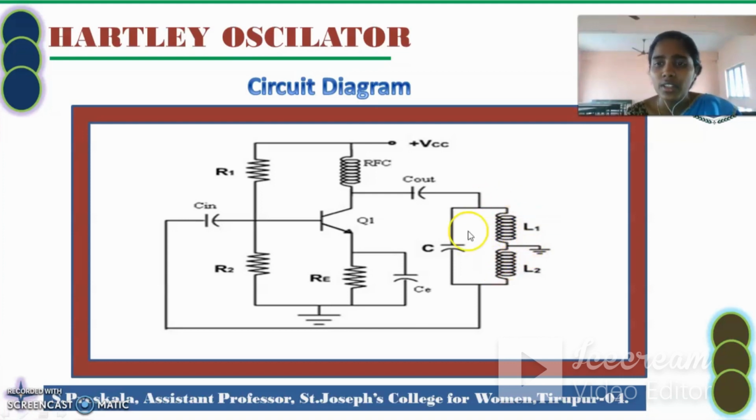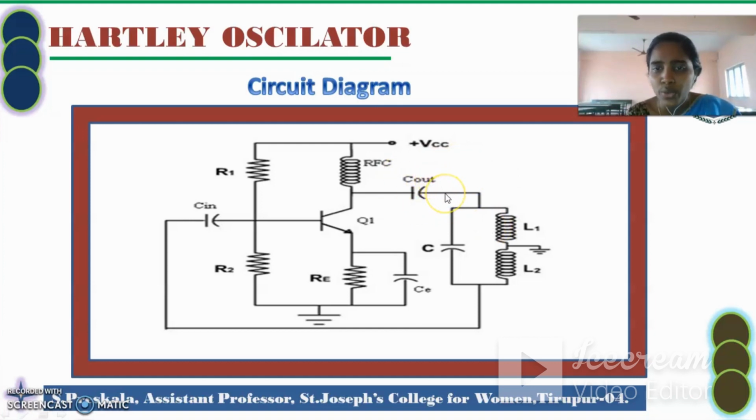Afterwards, this coil produces back EMF. So because of that, we will get an output. The output may be a sine wave, and we can get the output in this terminal, and the output is fed back to the transistor, and the transistor produces one more output in the Cout region.